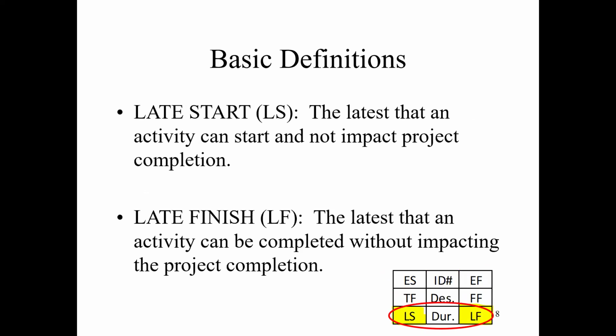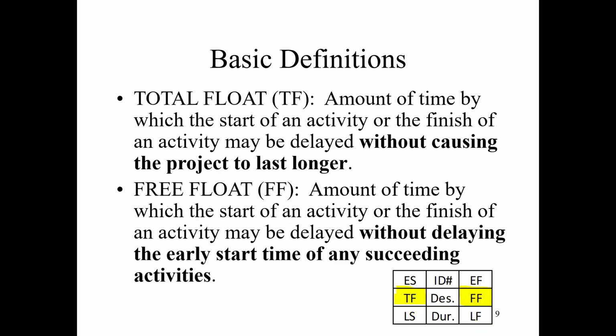So why is that important? When we're doing the calculation, we'll understand why. In the middle row here, we have TF and FF. TF is called total float, and FF is called free float. They are very different. Total float is the amount of time by which the start or the finish of the activity may be delayed without causing the project to last longer.